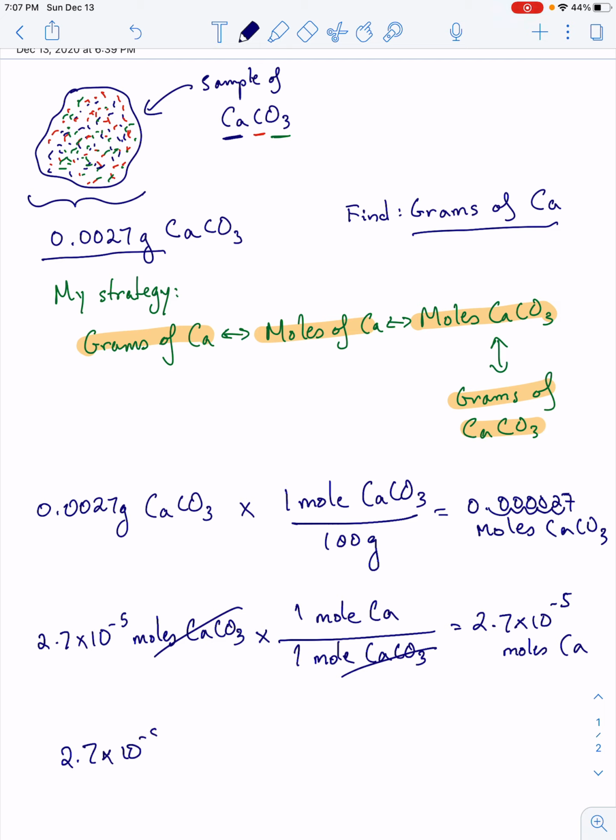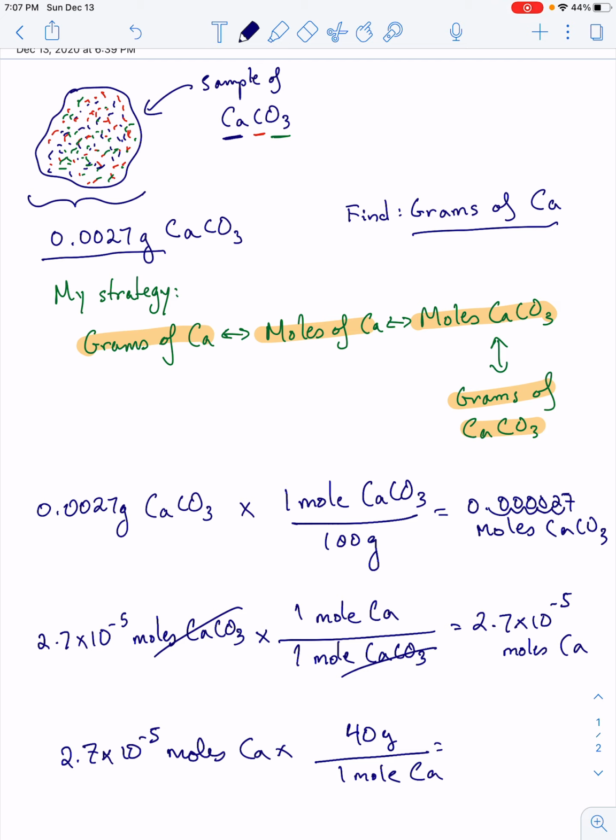This number comes back down. 2.7 times 10 to the negative 5 moles of calcium times, 1 mole of calcium on the periodic table is, I think, 40 grams.